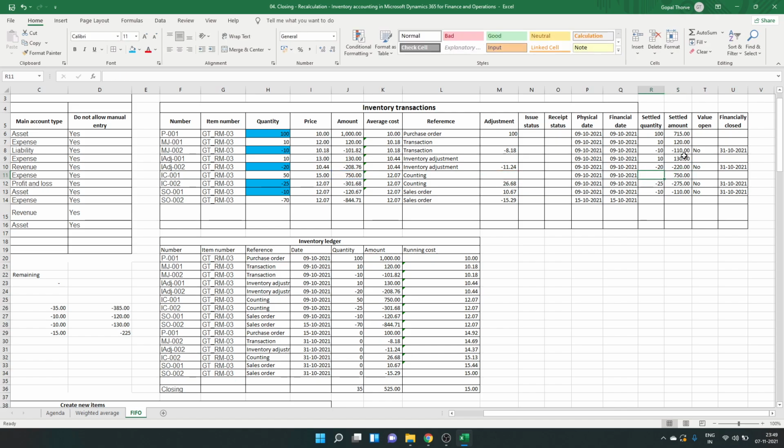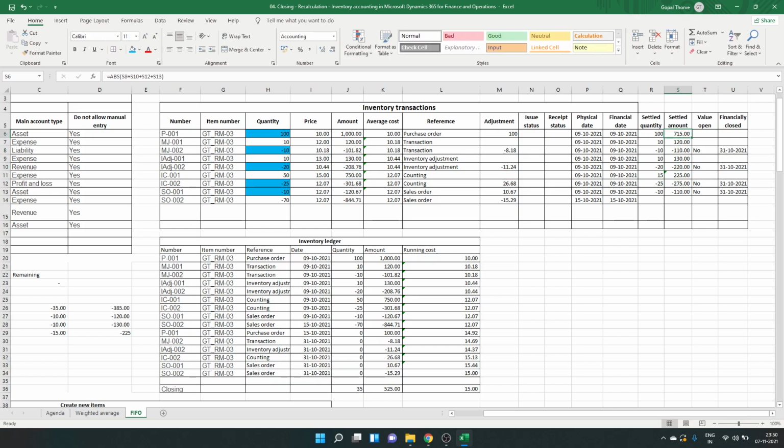So from this lot only 15 quantities are settled, and the cost amount is only the cost amount plus adjustment divided by 50 into my settled quantity. Only 225 is settled from this particular lot.